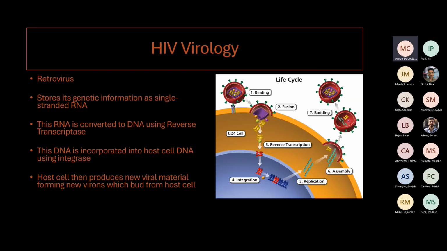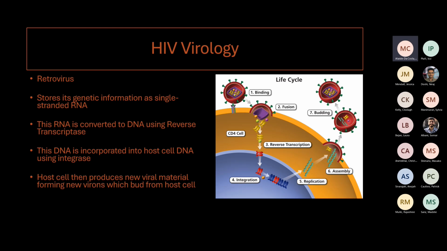So in terms of HIV virology, do you guys know what type of virus HIV is? Yeah, it's a retrovirus. And what retro means is backwards. So it works backwards. It actually stores its information as single-stranded RNA, unlike a majority of other viruses.